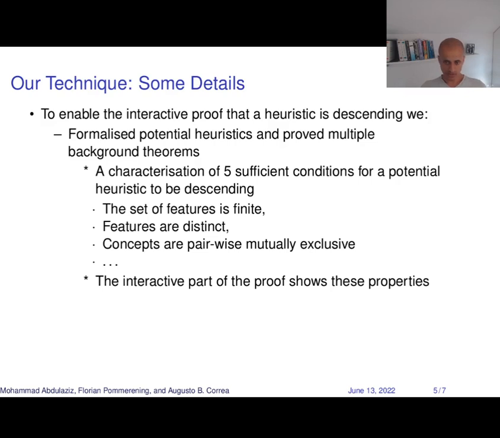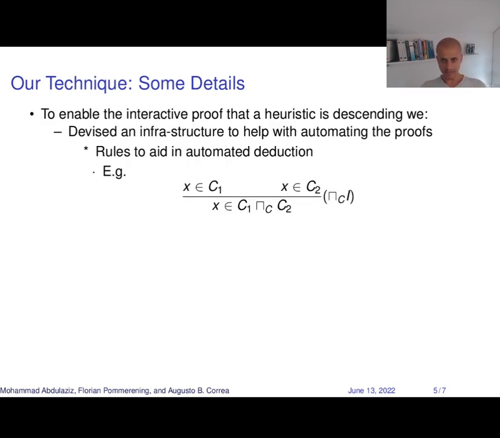So this infrastructure involves 2 things. The first is proving many Gentzen calculus or Gentzen style calculus rules that allow usable logical automation methods to reason about, for example, concept languages.